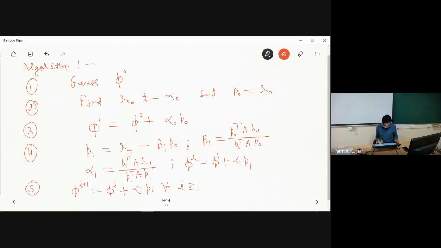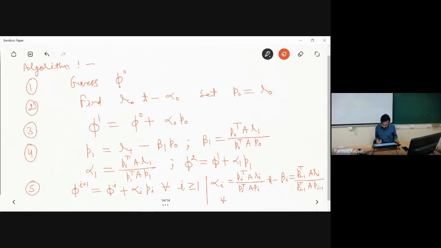In the generic form, alpha I will be equal to Pi transpose into ARI divided by Pi transpose into A Pi, and the value of beta I will be equal to Pi minus 1 transpose into ARI divided by Pi minus 1 transpose A into Pi minus 1.